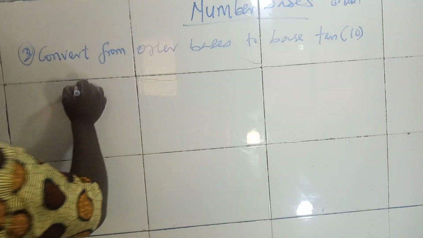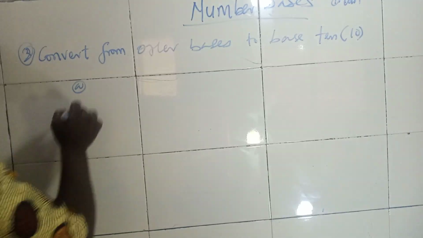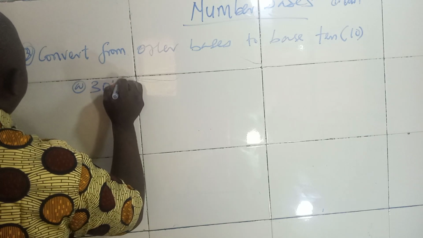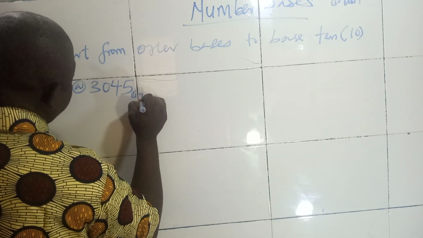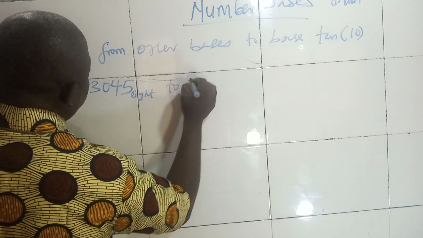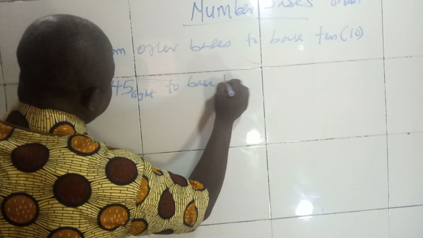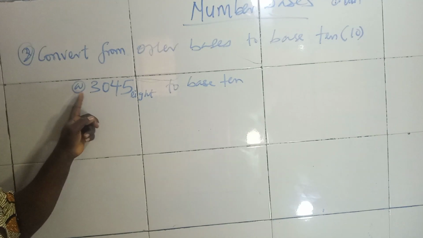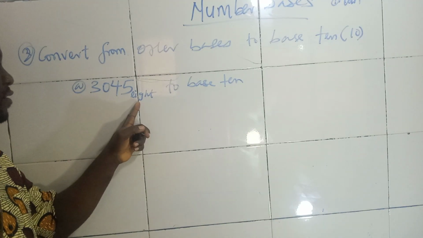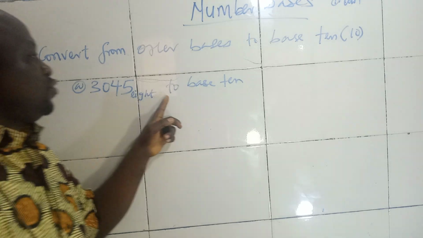Example A, let's say I say convert 3, 0, 4, 5 base 8 to base 10. Very simple. That's how they'll give you. Convert 3, 0, 4, 5, which is base 8, to base 10.